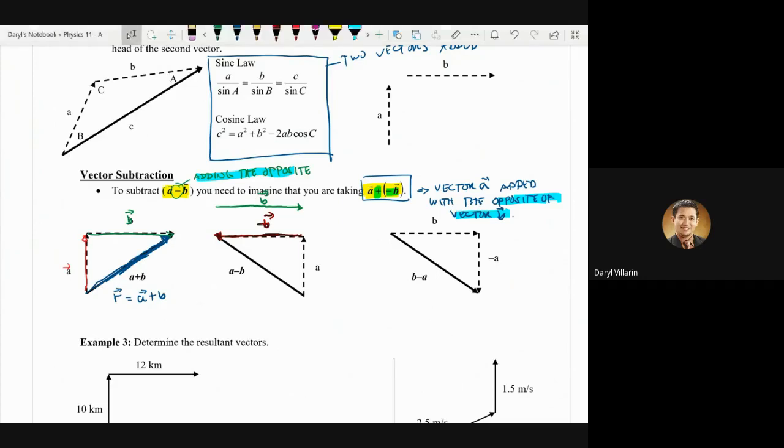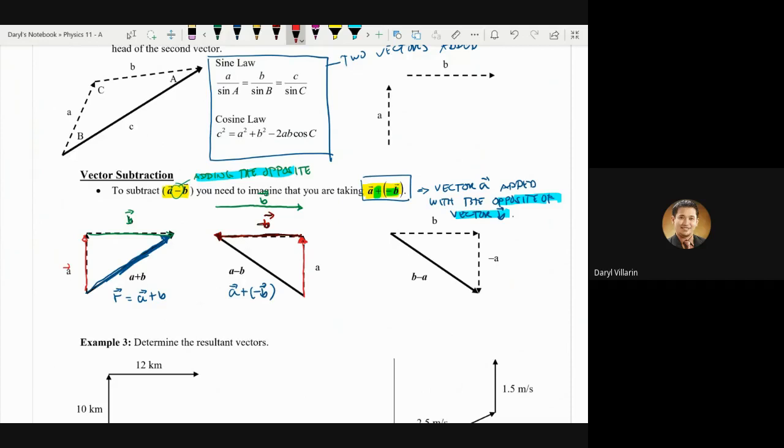So therefore, in this particular case, this A minus B is just equivalent to A plus the negative of B. Okay? So again, if you can see, nothing changes with my A. A is the same thing. Still going up.